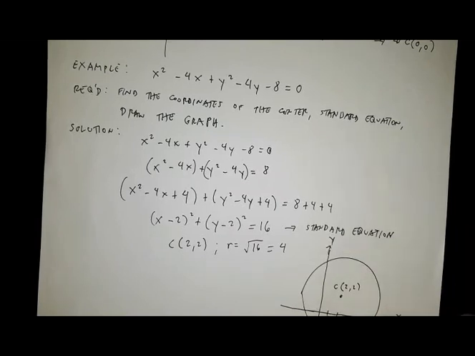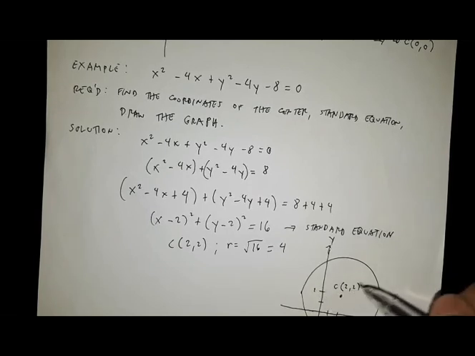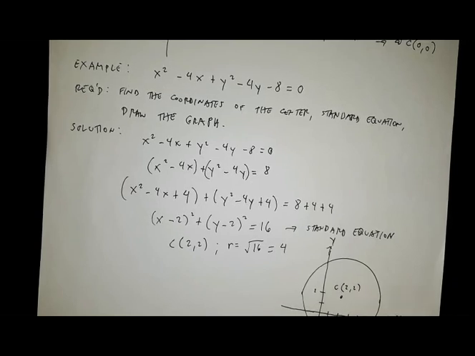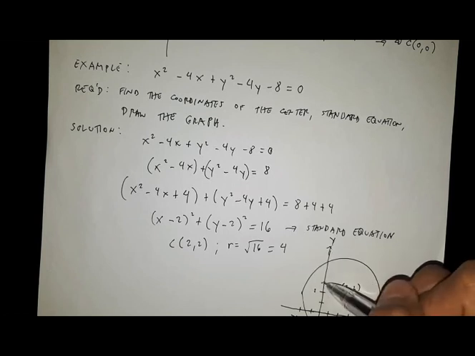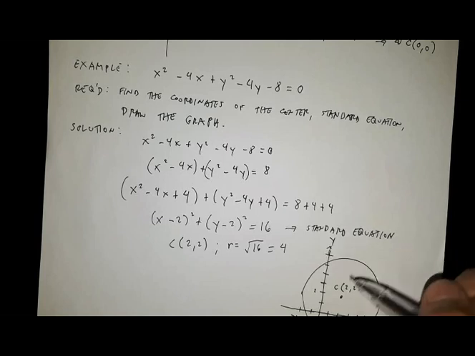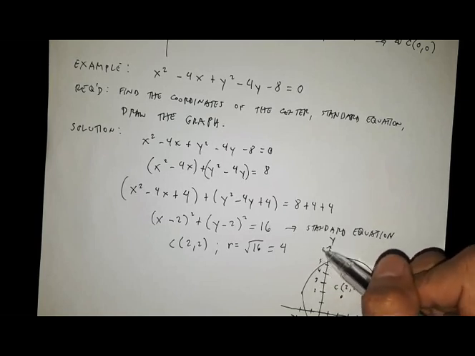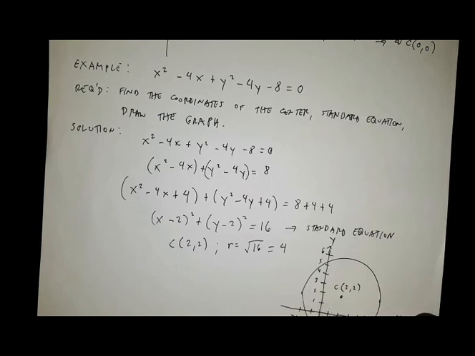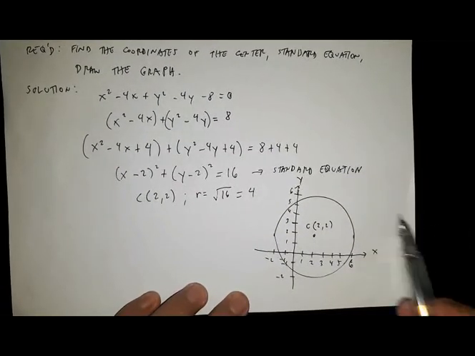So you have 1, 2, 3, and 4, and going the other way, -2, -1, 1, 2, 3, and 4. And this is the graph of your circle.